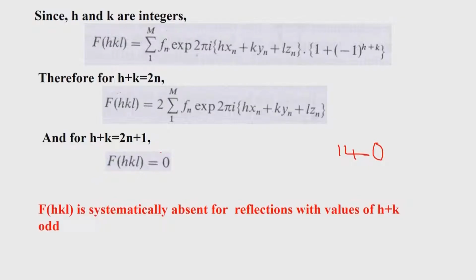So, whatever be the structure which crystallizes in a C centered lattice, please note the words, whatever be the system which crystallizes in a C centered lattice, whether it is monoclinic or orthorhombic, and what other is possible in a C centered lattice? Tetragonal does not have a C centered lattice, so also hexagonal and cubic.